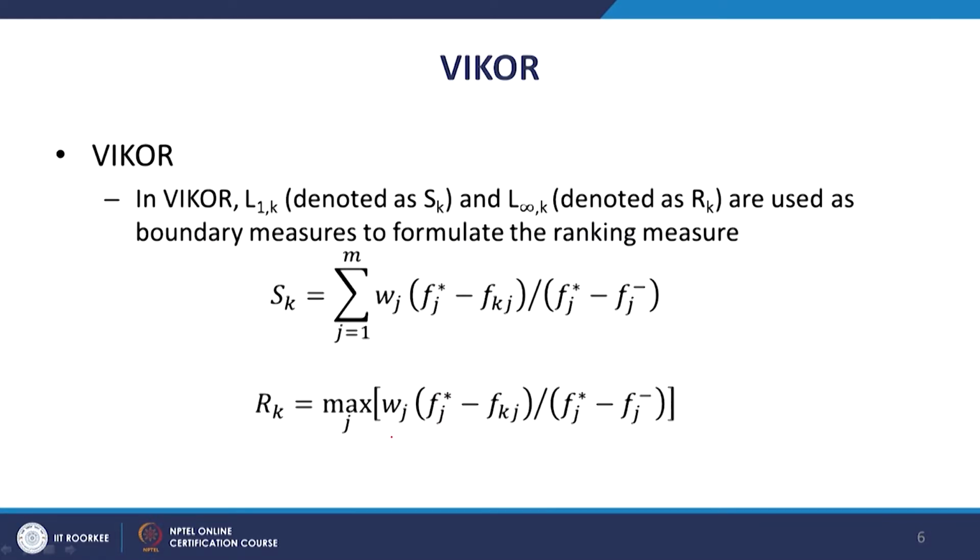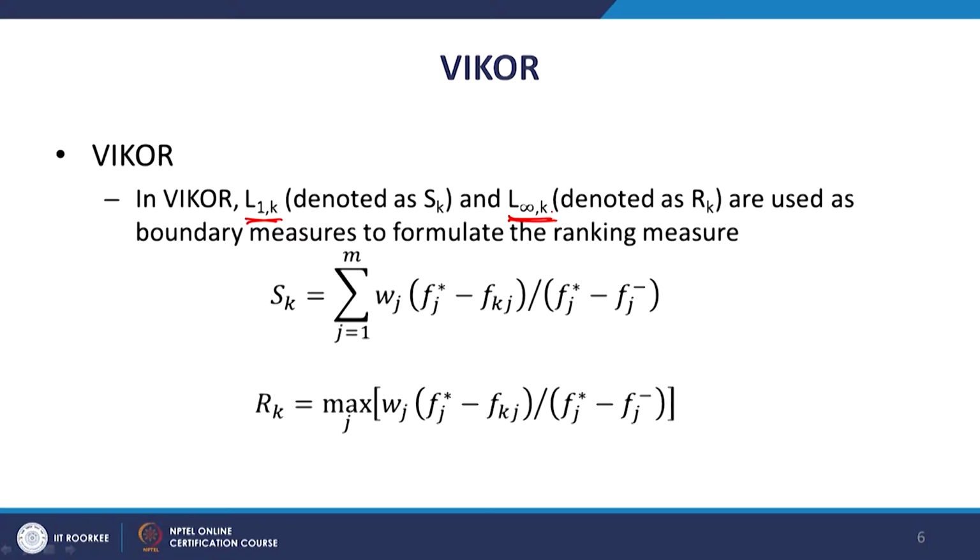Now, what values of parameter p are taken for the VIKOR method? L1k, so p equal to 1, and L infinity k, so p being infinite. These are used as boundary measures to formulate the ranking measure.